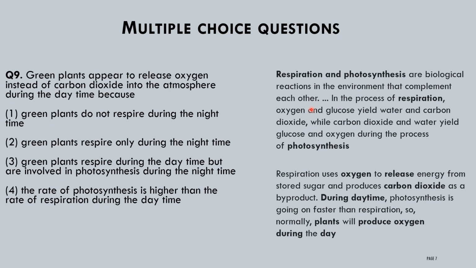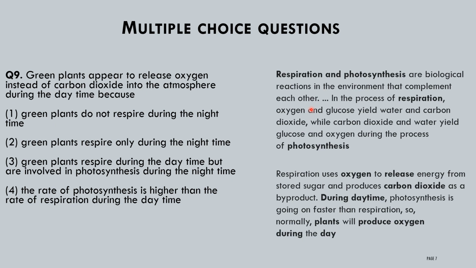Like animals, plants also respire. In the process of respiration, the plants take in oxygen and leave carbon dioxide. In the same way, plants are involved in the photosynthesis process also. During photosynthesis, plants take carbon dioxide and release oxygen.